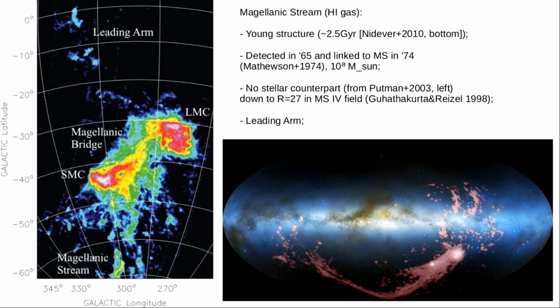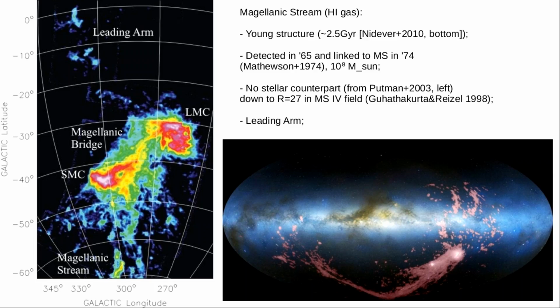The Magellanic Stream is a large structure covering 200 degrees in the sky. Even though large, it's a relatively young structure dated at a few billion years. This stream was detected in 1965, but the link to the Small Magellanic Cloud and Large Magellanic Cloud was settled just 10 years later.